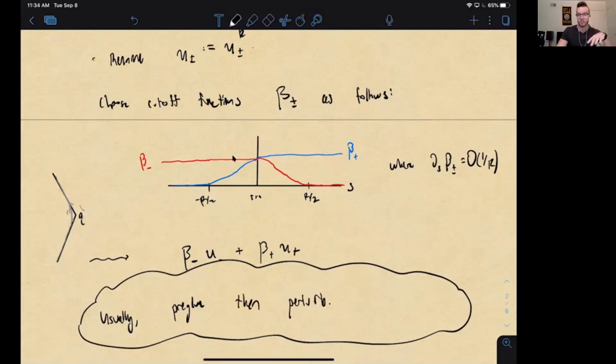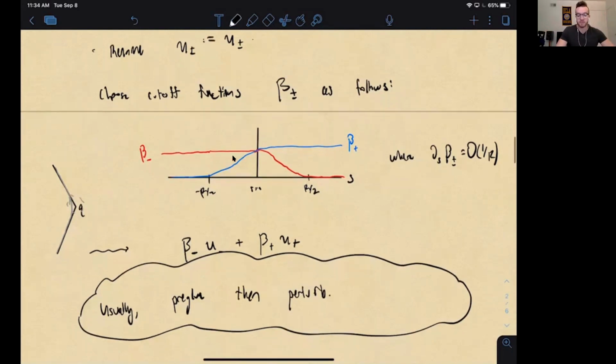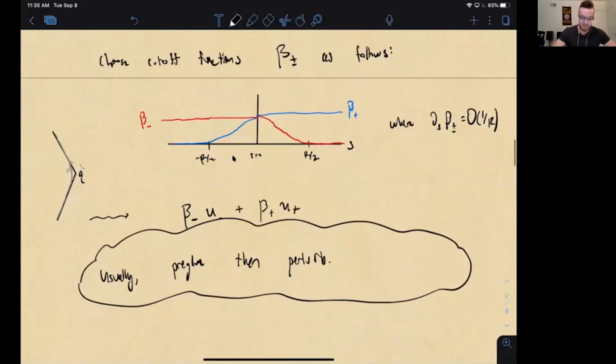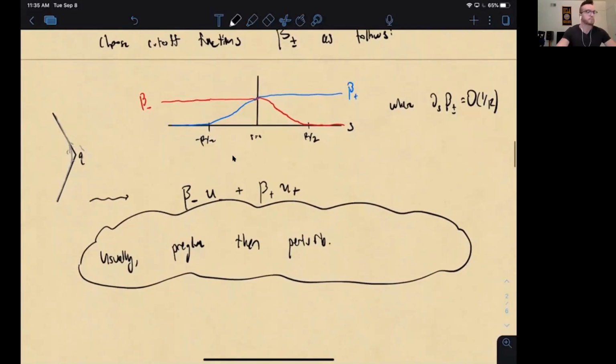With an eye towards the techniques relevant for this obstruction bundle gluing, we're going to flip the order. What I want to do is perturb each of the flow lines individually first, then pre-glue those, and then see if I can get an actual flow line.